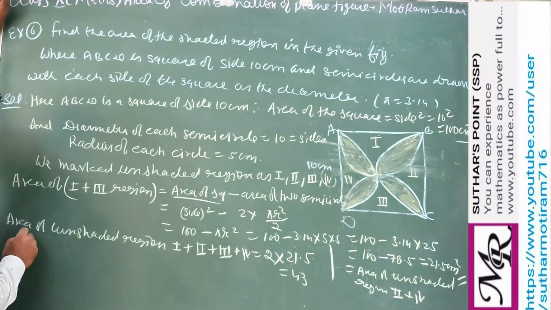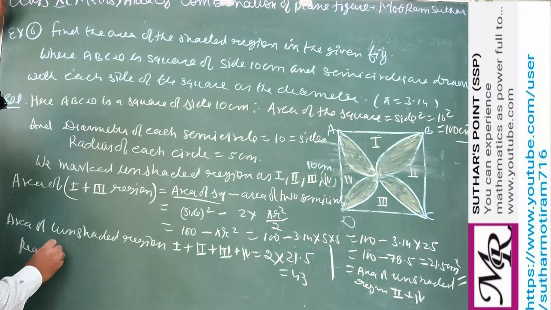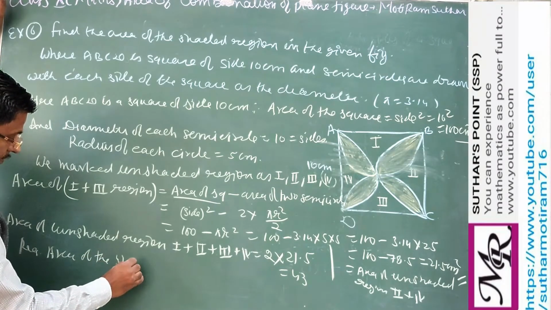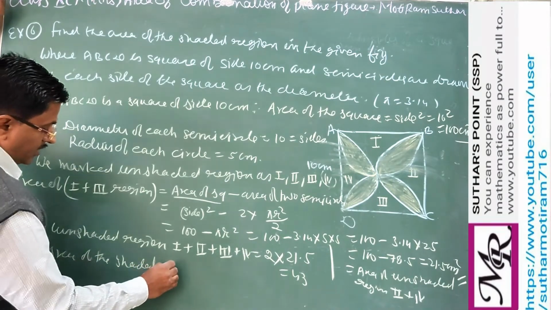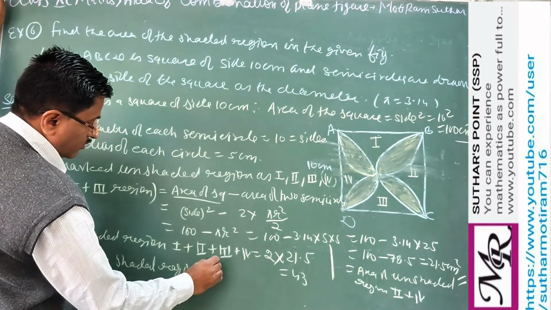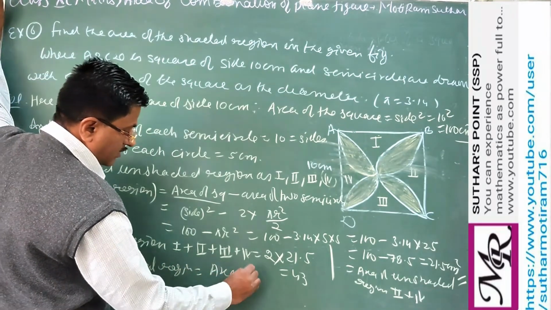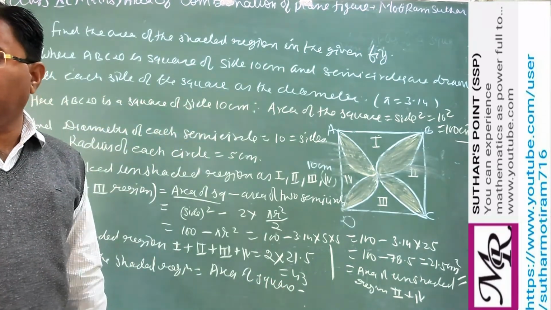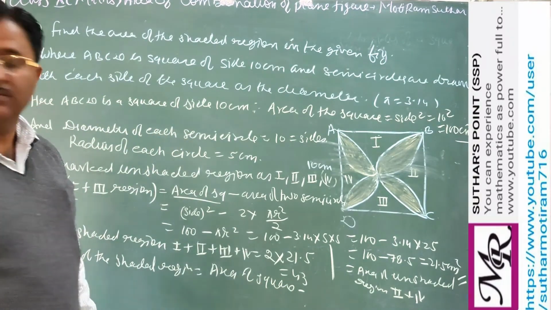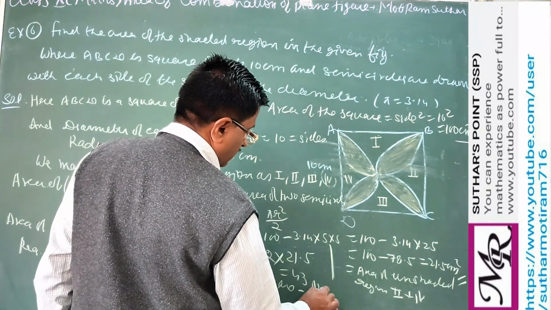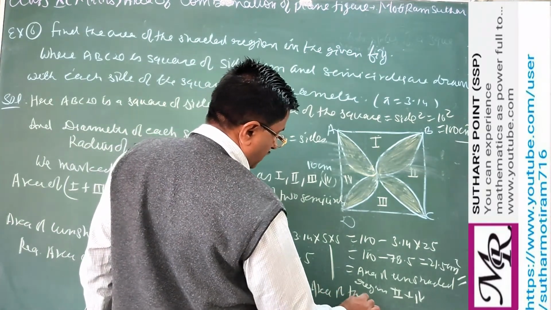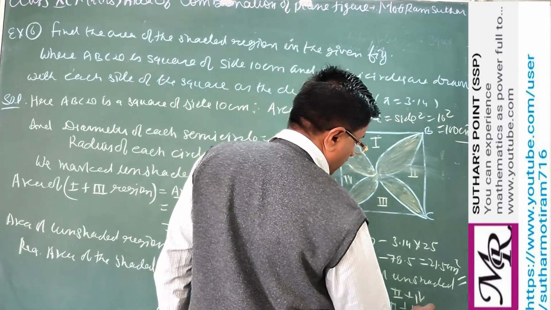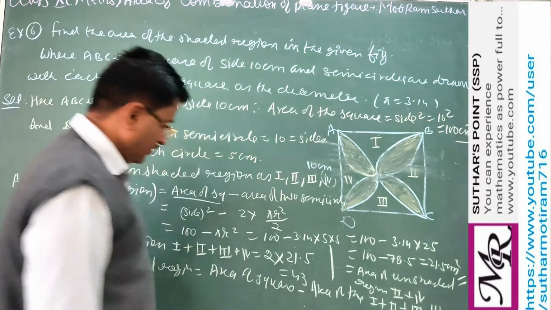So write down here, required area of the shaded region equals area of square minus area of the part 1 plus 2 plus 3 plus 4.